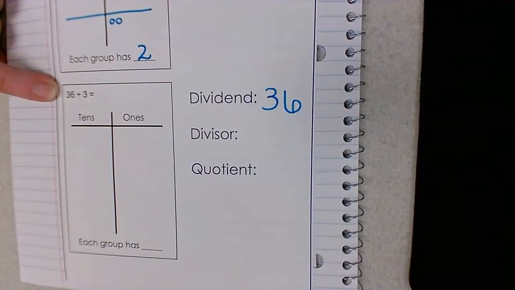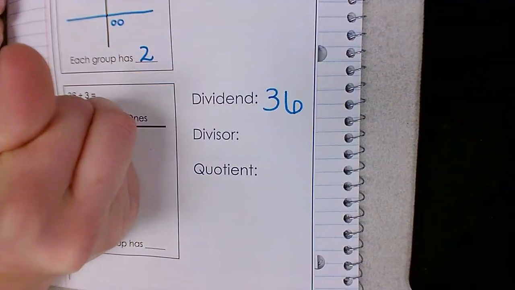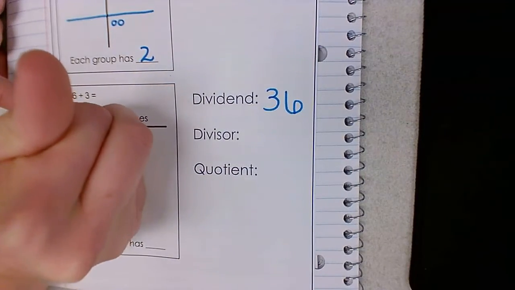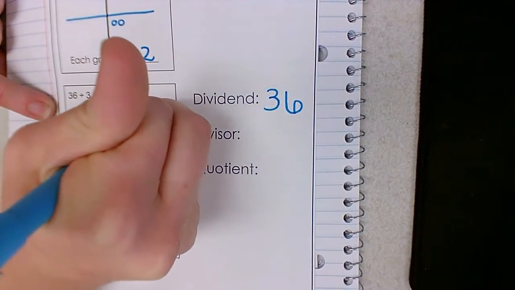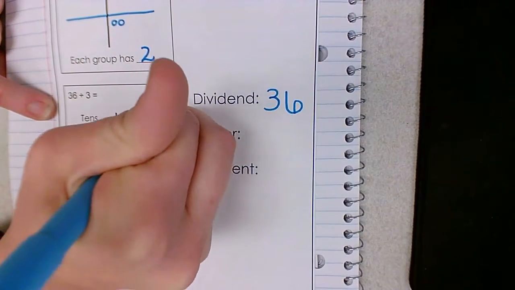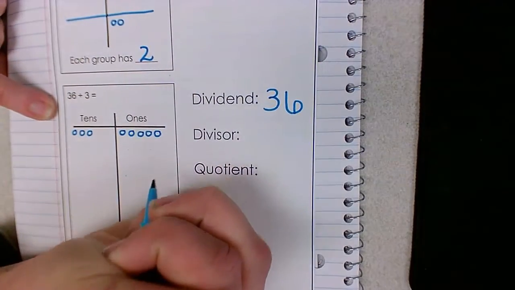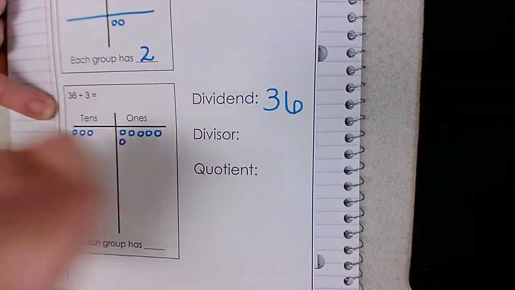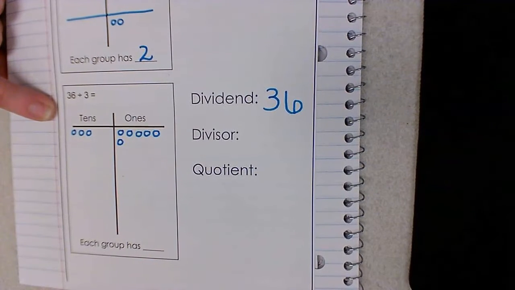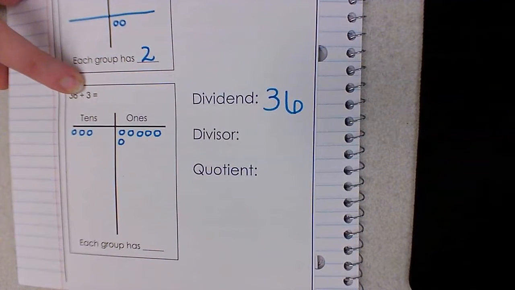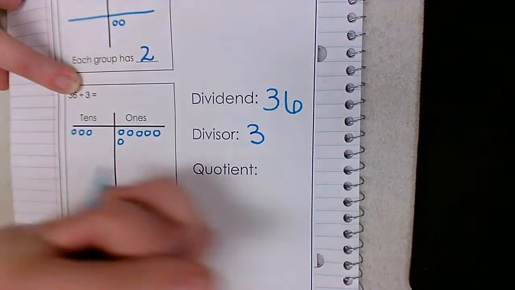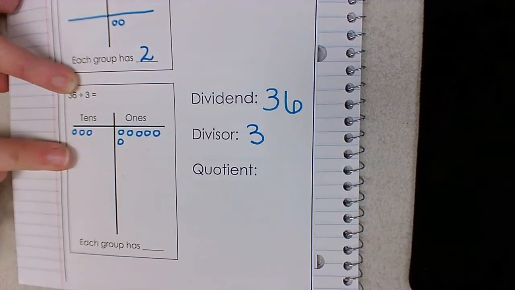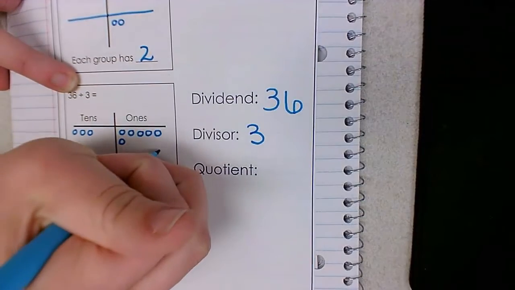And we're going to represent 36 by drawing 3 tens, 1, 2, 3, and 6 ones. 1, 2, 3, 4, 5, start a new row, 6. Our divisor is how many groups we're breaking it into. And again, we're going to break it into 3 equal groups. So let's create our 3 equal groups in our place value chart.